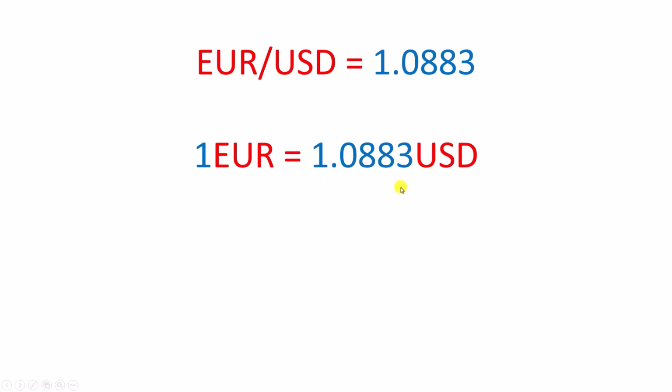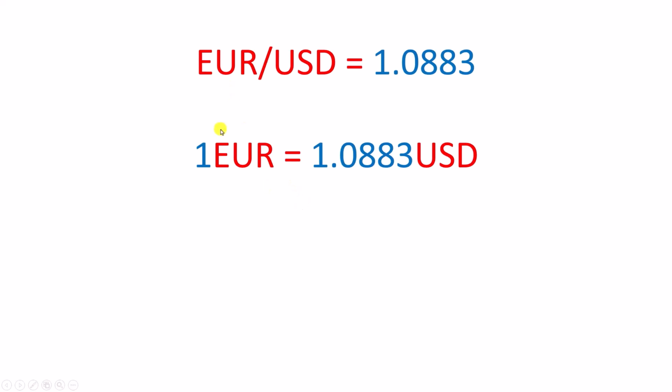That is what it means. Okay, this is called the exchange rate. Okay, so what does this say? This says how many units of the quote currency are required to buy 1 unit of the base currency.